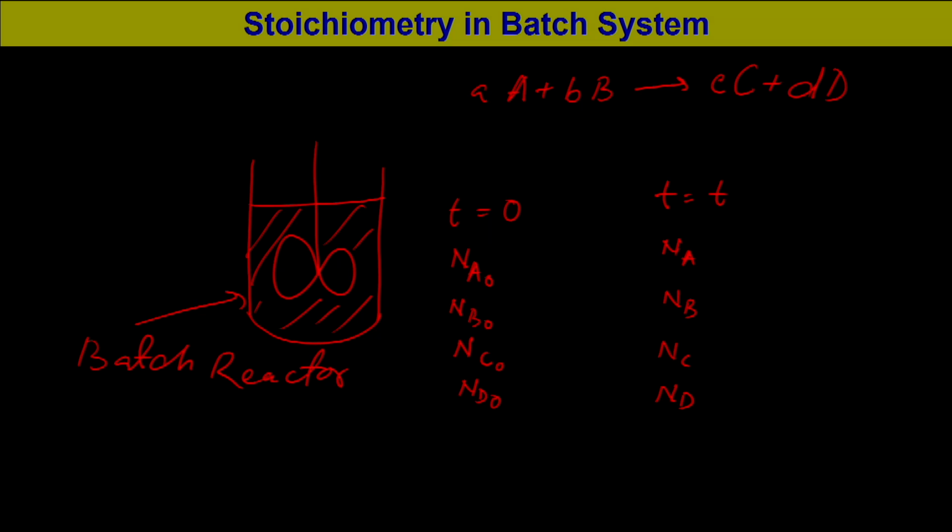So, how much of the reactants are initially present, how much A is reacting with B, and how much product is produced.